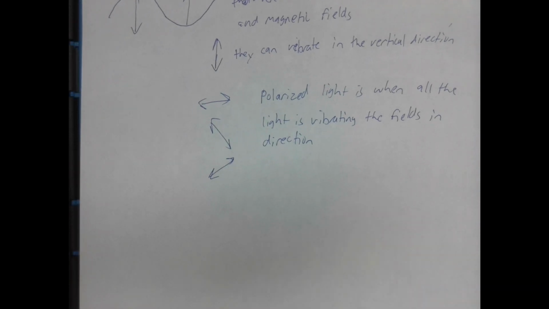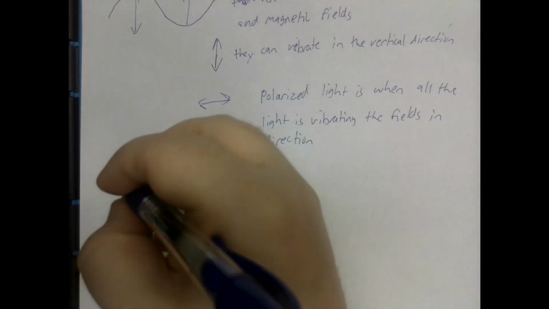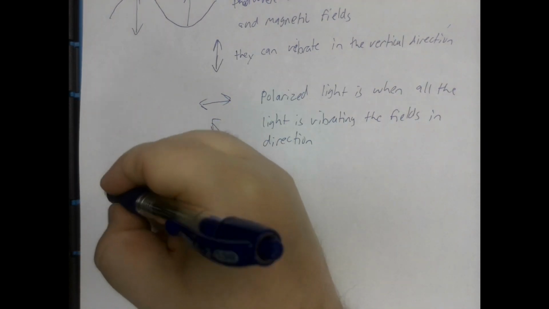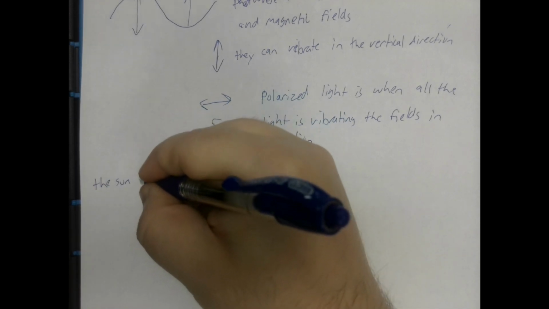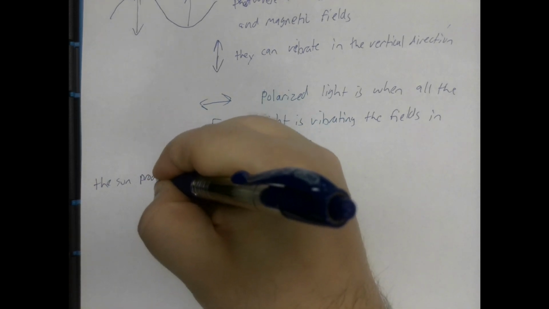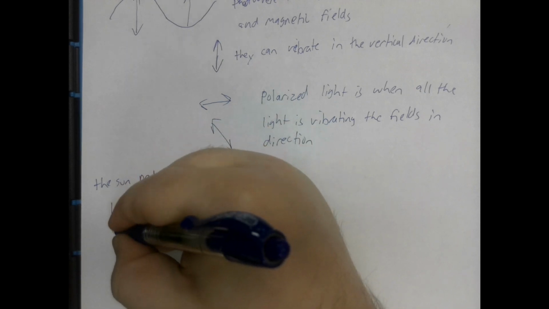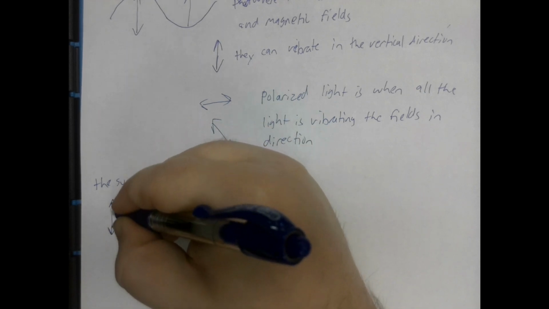Have y'all ever had sunglasses that block polarized light and looked at water? Can you see into the water better? Yes. So the sun produces unpolarized light.